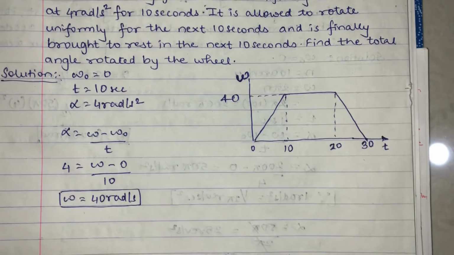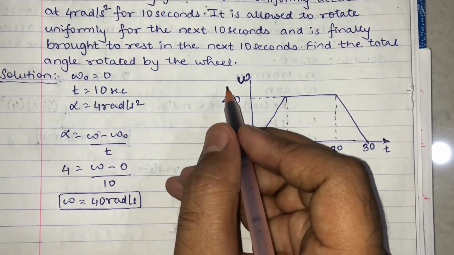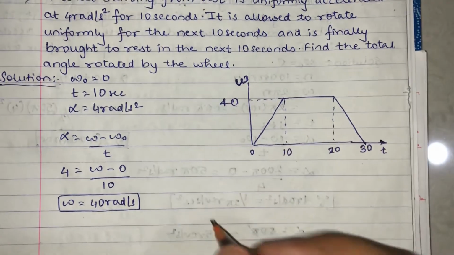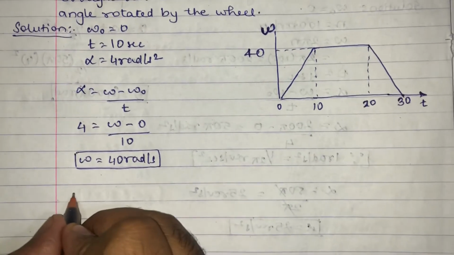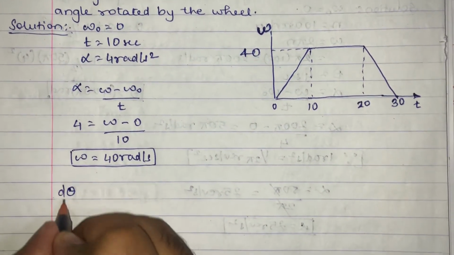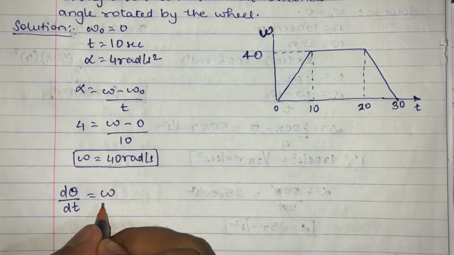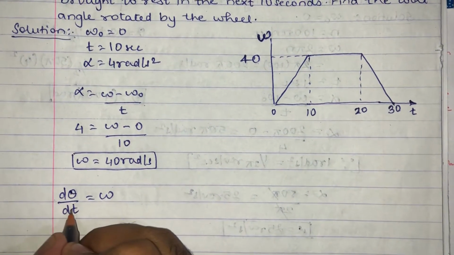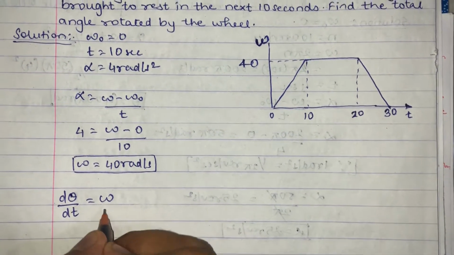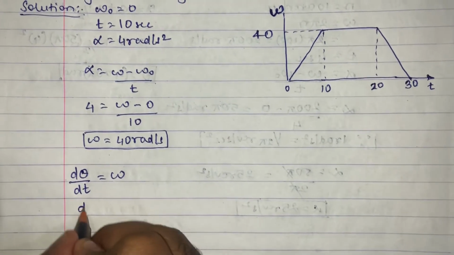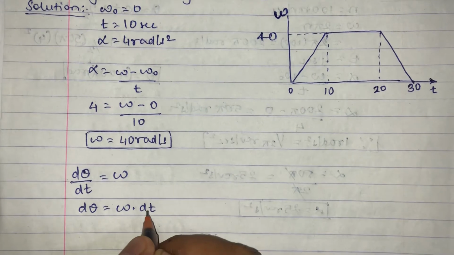Now you need to find the total angle rotated by the wheel. As you are already aware, d theta by dt is actually omega. Rate of change of displacement is velocity, which can also be written as d theta equals omega into dt.